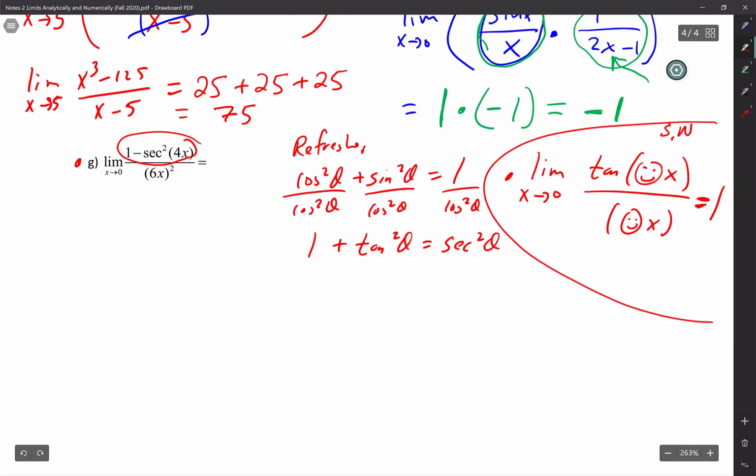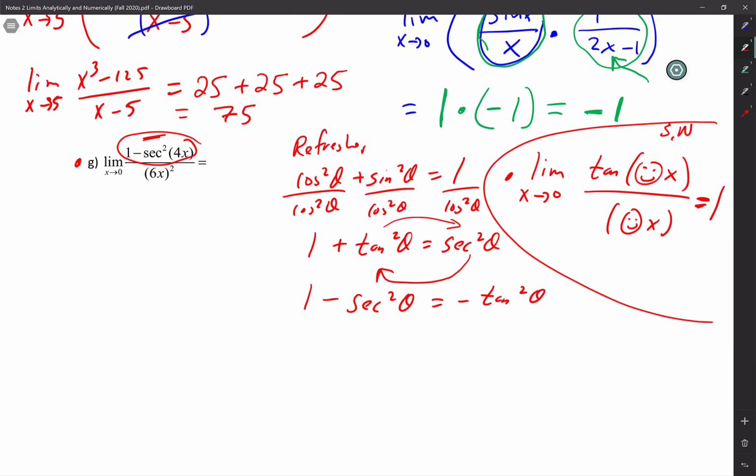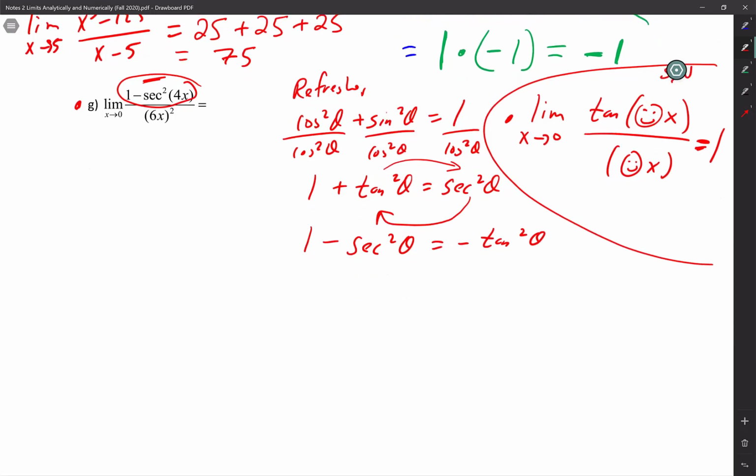See? And that says 1 minus. So in order for me to get a minus, I've got to move that to the left and move that to the right. So look at this: 1 minus secant squared theta is equal to a negative tan squared theta. All right, that's all the refresher you need.